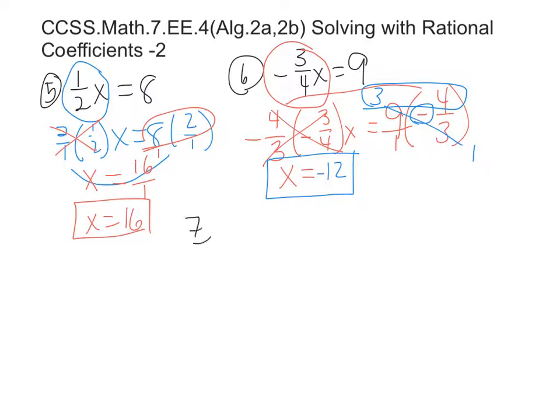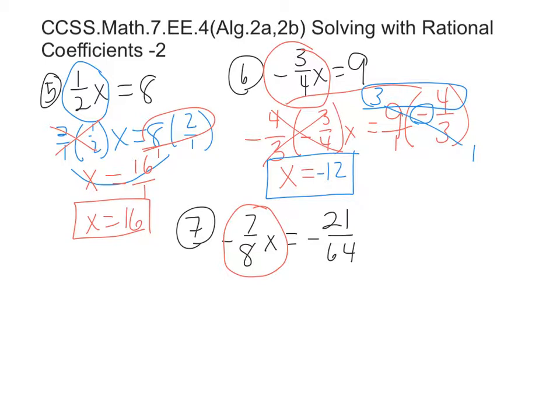And one last example, because it is quite hard. -7/8 x equals -21/64. All right, so getting harder, but you're getting smarter, so it's okay. So we're looking at the x side, and the x is being multiplied by -7/8.